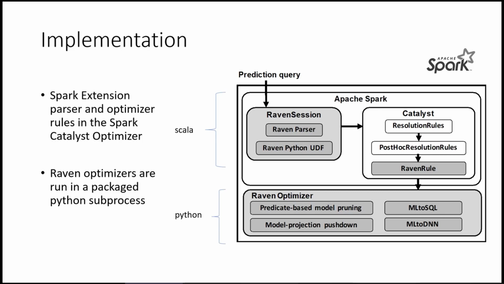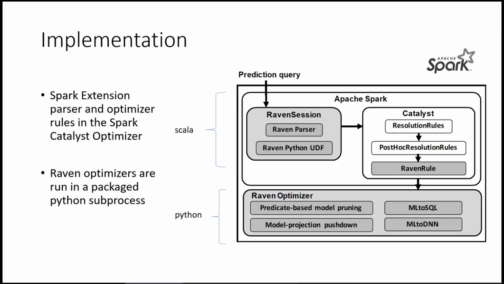So in implementation, we have implemented Raven as a Spark extension. We extend Spark's Parser and Spark's Optimizer in Spark Catalyst. By doing it this way, we allow everything to look very similar to regular Spark.